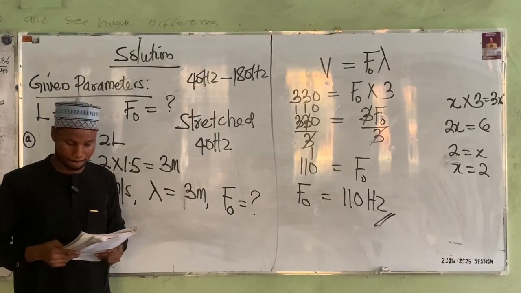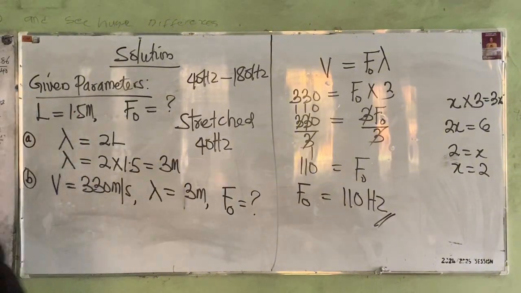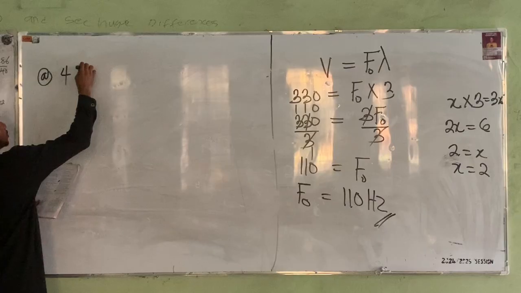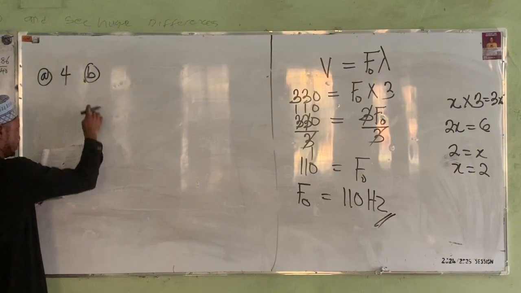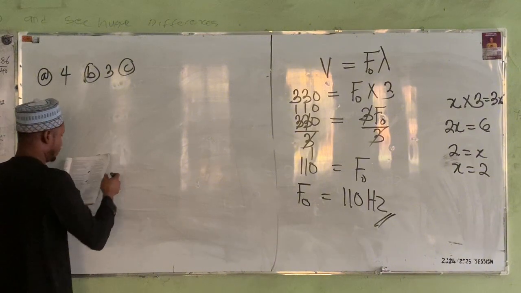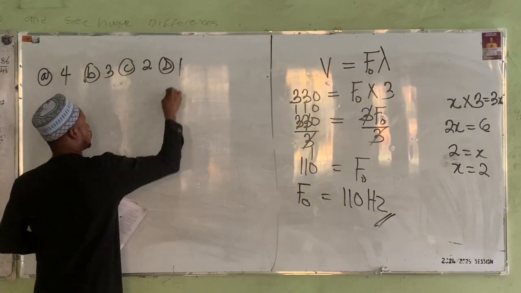Full stop there. The options are given to us. A, 4. B, 3. C, 2. D, 1.